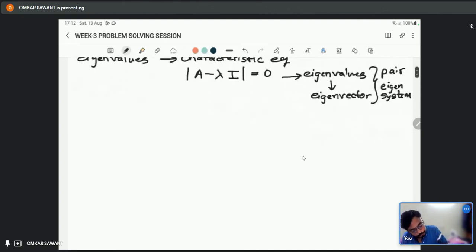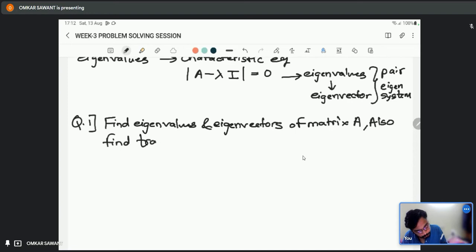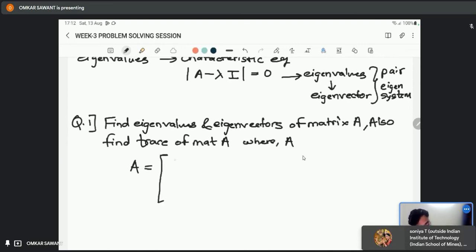So, first question: find the eigenvalues and eigenvectors of matrix A. Also find the trace of matrix A, where A is given as 1 1 3, 1 5 1 and 3 1 1.